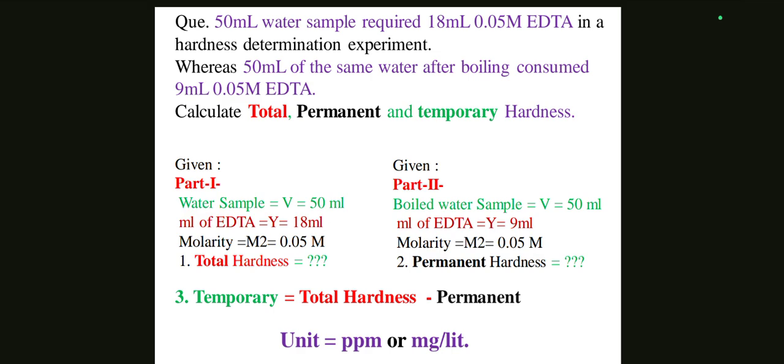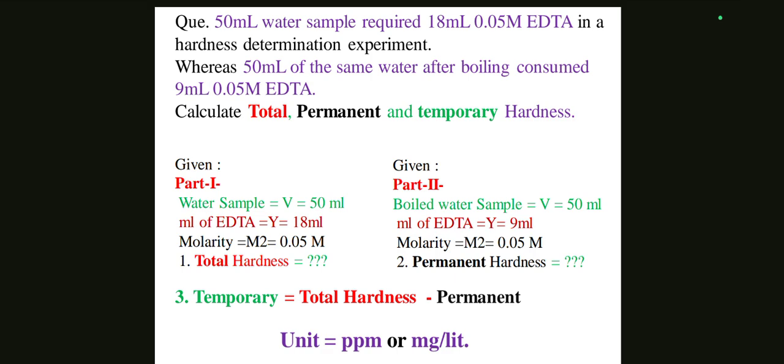What does it mean? It means less amount of EDTA is required for titration, right? That is because only permanent hardness is present in the water sample. That's why less EDTA is required, right? And if you see the beginning part of the numerical, in that 50 ml water sample is there, but how much ml EDTA consumed?